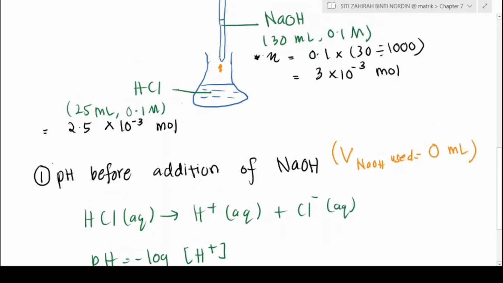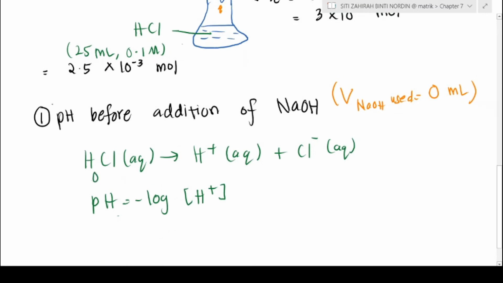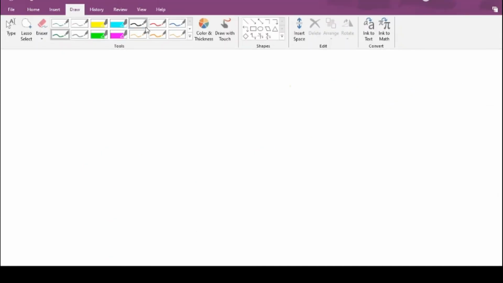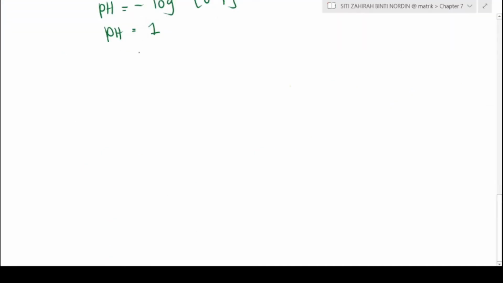And we know that the concentration of HCl is 0.1 molar, so the concentration of H plus would be 0.1 molar as well. So we can find the pH directly. The pH would be 1. So the first point that we need to sketch is when the pH is 1, the volume of sodium hydroxide used would be 0 ml.